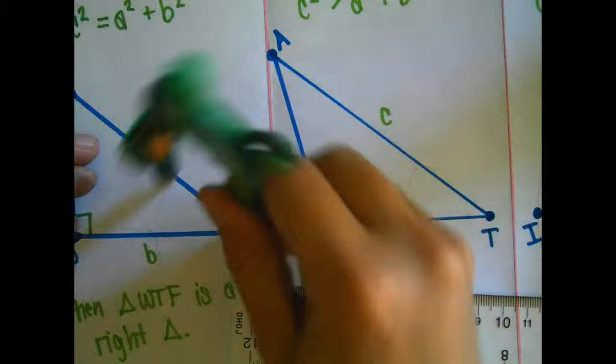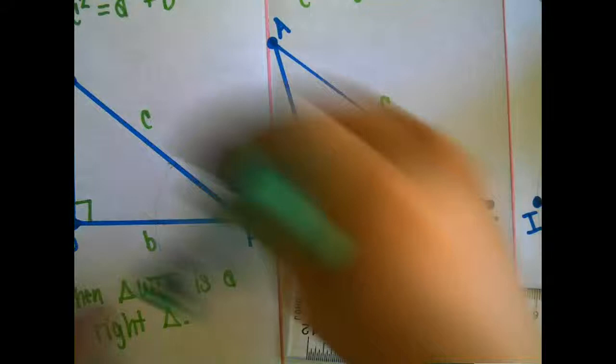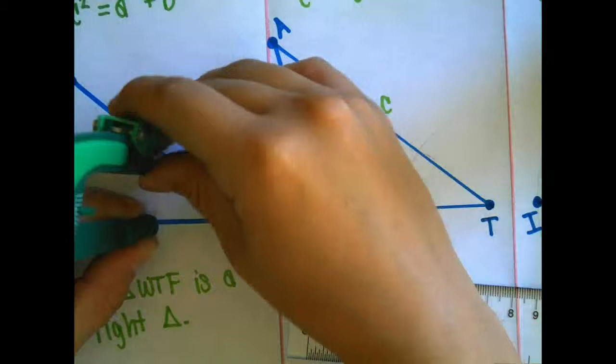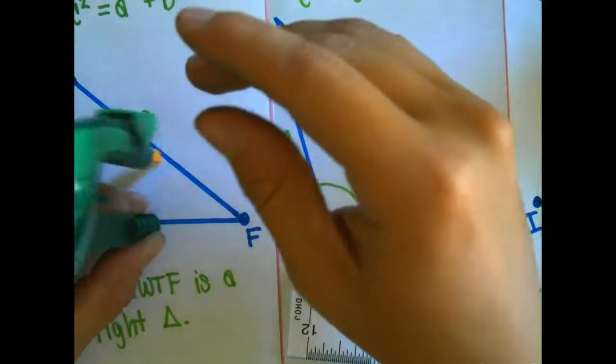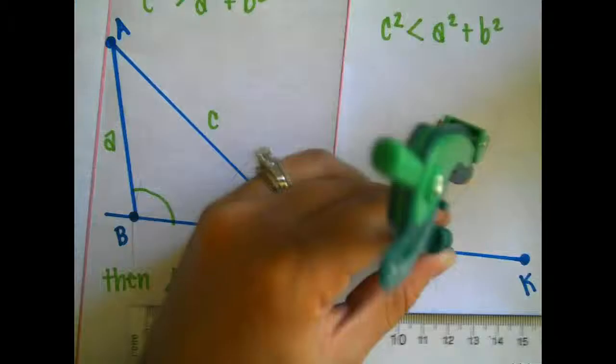First I'll draw this arc. Bring that same arc over here. Then I will measure this distance. Measure that same distance over here.